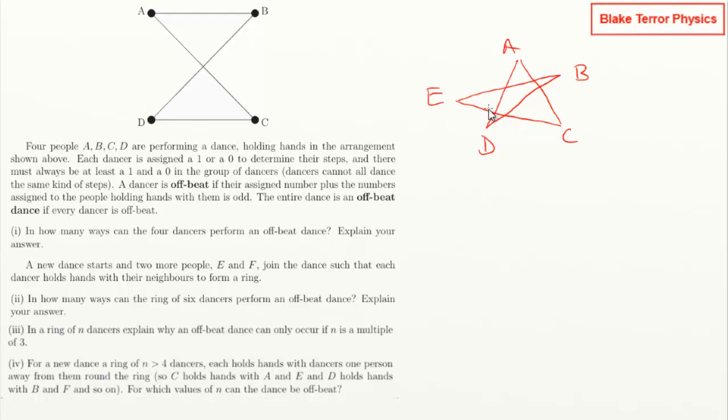Now, what does that mean? That's still just a ring, isn't it? I mean, they're just holding hands with 2 people. It doesn't matter that we shuffled the order up, surely. So, say we rewrote this as, A is next to C and D, D is next to A and B, B is next to D and E, and C is next to, yeah, so that works.